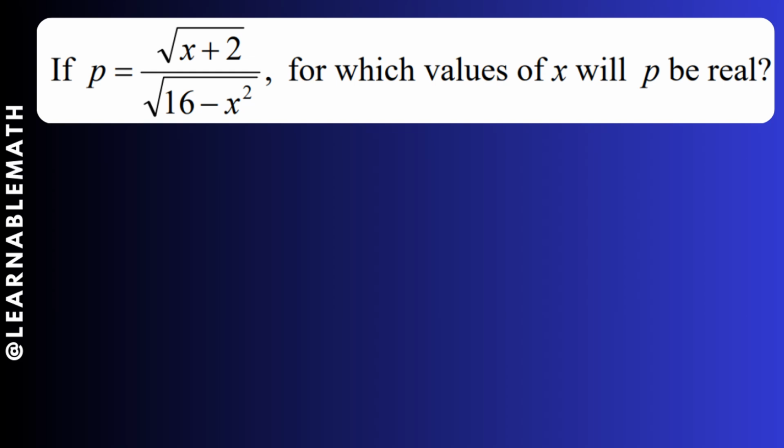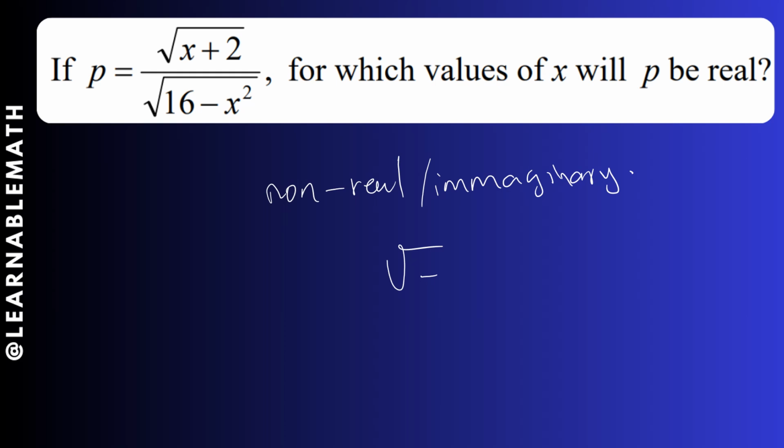We do understand that we have two types of numbers. We have real numbers and we also have non-real numbers. Remember, non-real are also known as imaginary, those ones for the root of a negative, say negative 1. So this one is a non-real number. You punch your calculator, it says error.